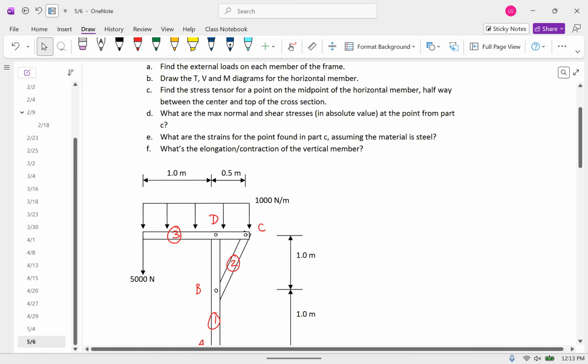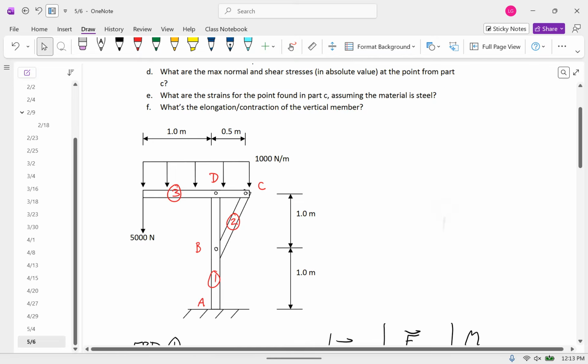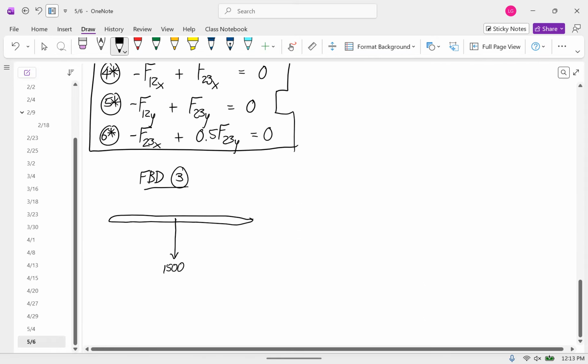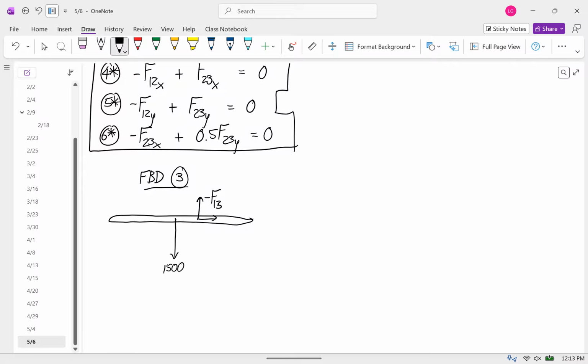And then at D, we have the force on 3 by 1. And another way to write that is negative F13, sorry. And I'm going to use that because we already have named that variable. And then this one is the force on 3 by 2, or negative F23. And I'm using that because we already have a variable F23.